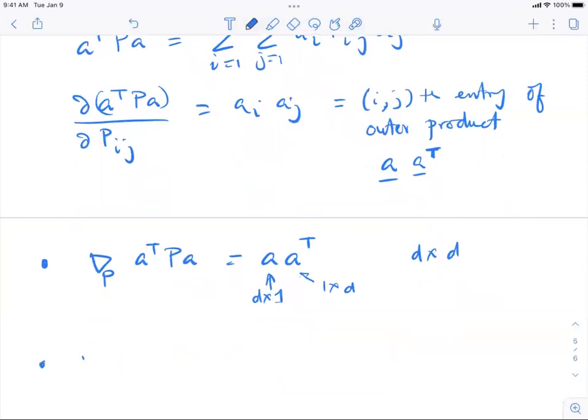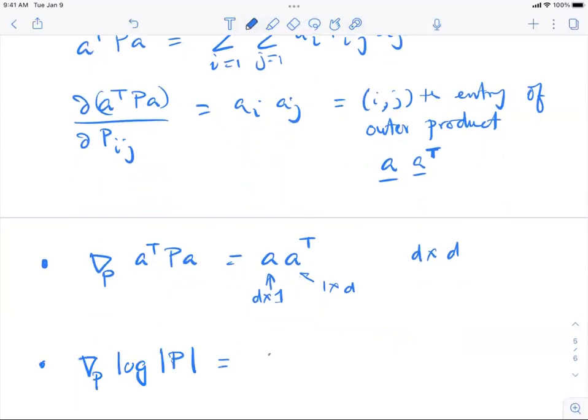Okay, so that's one thing that I need. Then I need the gradient of log of the determinant of P. This is of course a little more tricky. So I'm going to first use the chain rule. The derivative of log of x is just 1 over x.